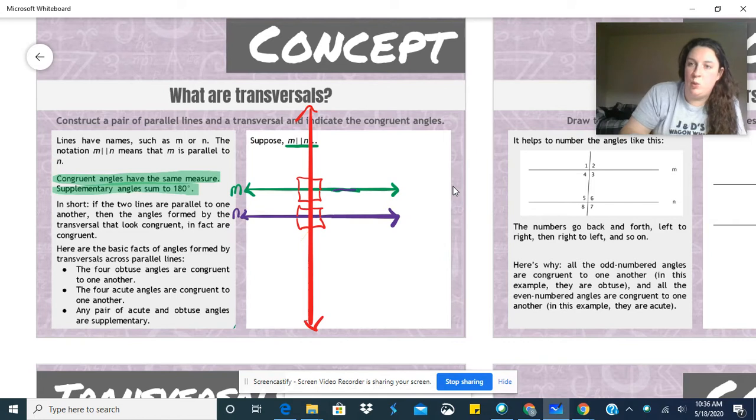If your angle was rotated, so I'm going to draw one off to the side over here. So if I had an angle, one second to draw it, and then I will show you.